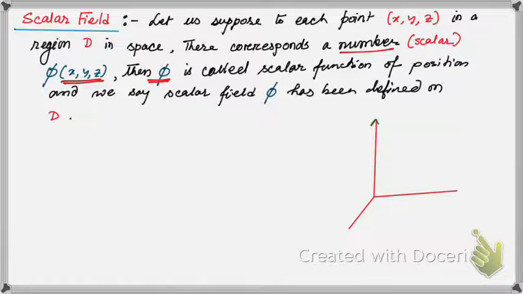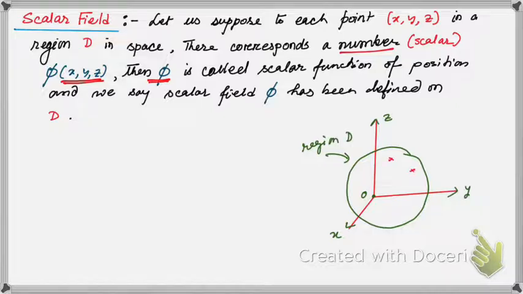Suppose this is the 3D coordinate system with origin O, and we have taken a region D in 3D space.